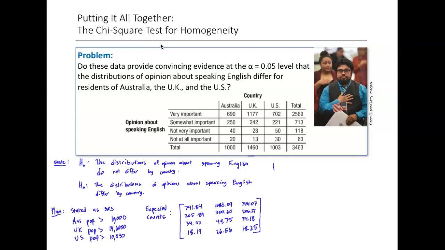So we're at the do step, and we've already technically run the test. But now we're just going to write down the statement. So running a chi-square test for homogeneity. Let's go back in our calculator.